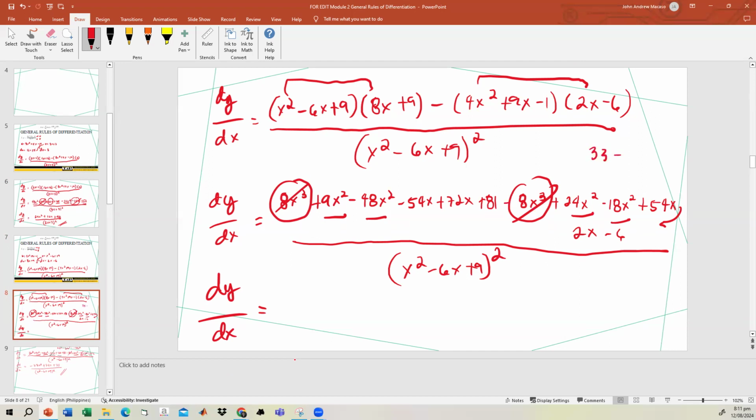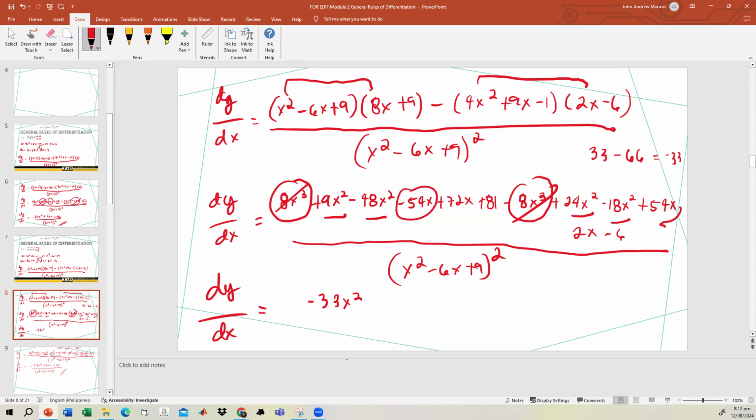Now minus 48 minus 18, so that's negative 66. So the answer will be negative 33. So negative 33x squared will be the result.